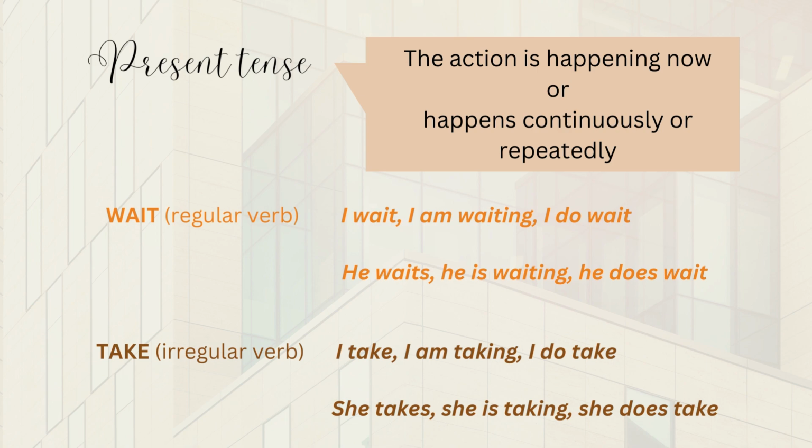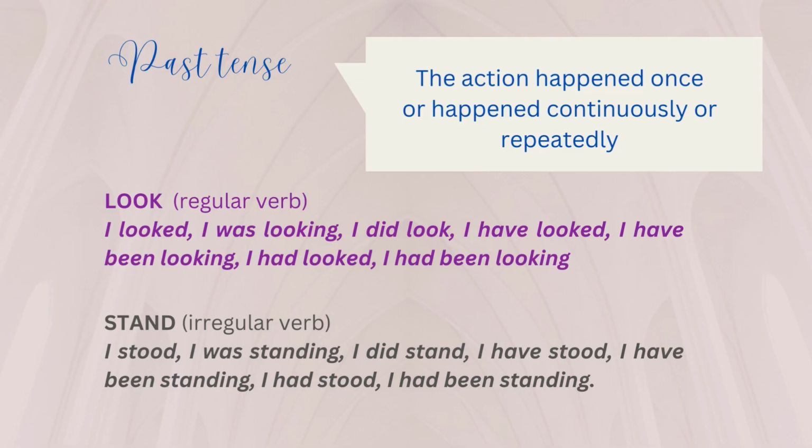In the past tense, the action happened once or happened continuously or repeatedly. Let's look at the example here, look. And here are all the different past tense forms of look.